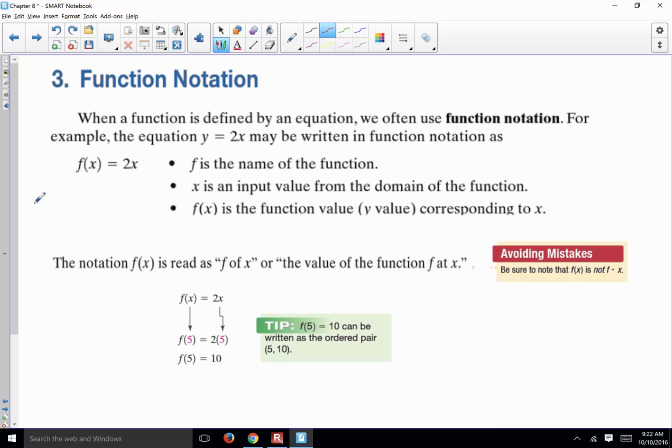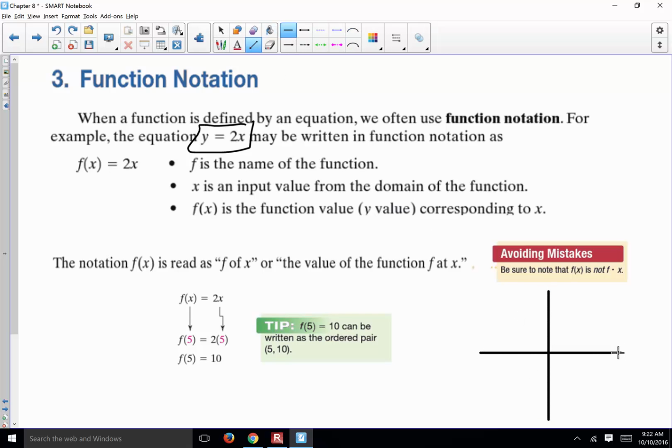Alright. Once we know a graph belongs to a function, and graphs come with equations, right? Such as y equals 2x. It has this graph. I don't know if you know or not, but this equation, when you plot it, has this graph.